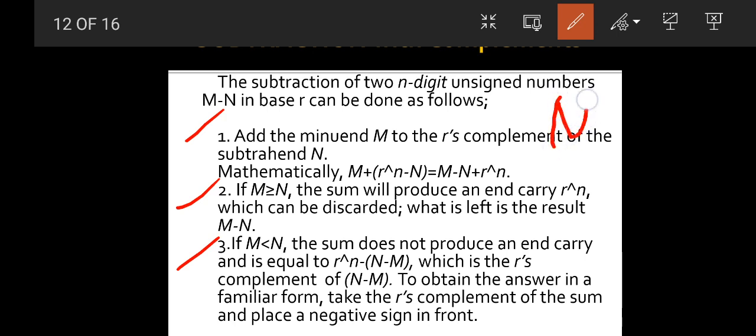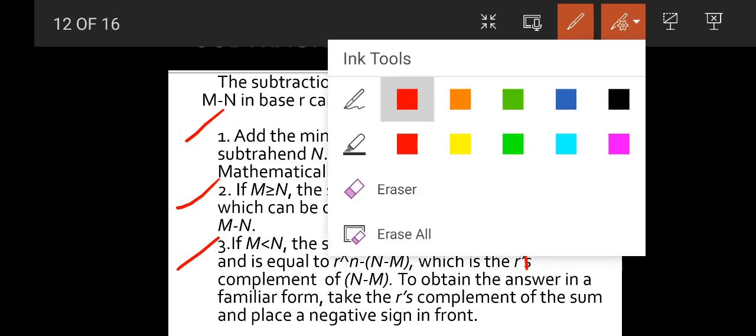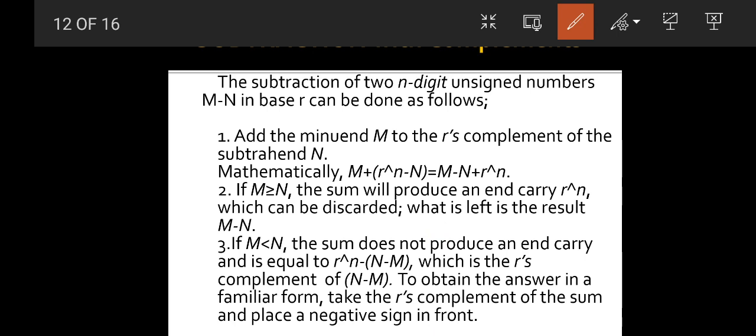So instead of subtracting N from your M, for the subtraction of complements you add, but instead of N, it will be the R's complement of N. After that, you have to compare if your M is greater than or equal to your N. If your M is greater than or equal to your N, you use this process.